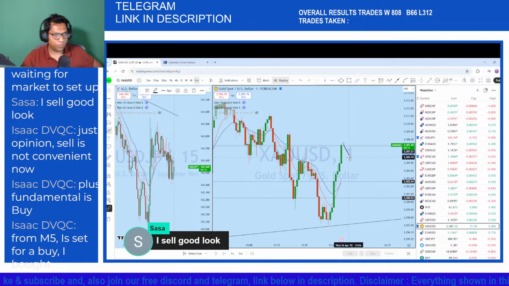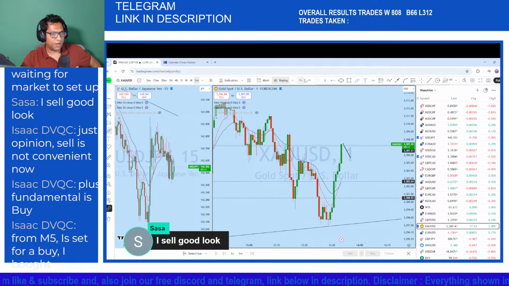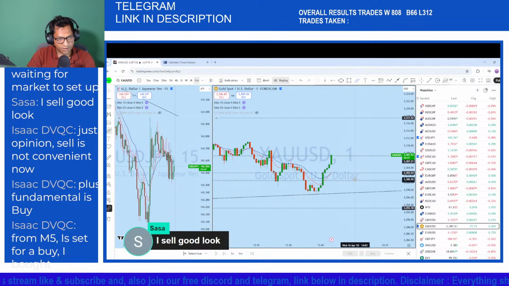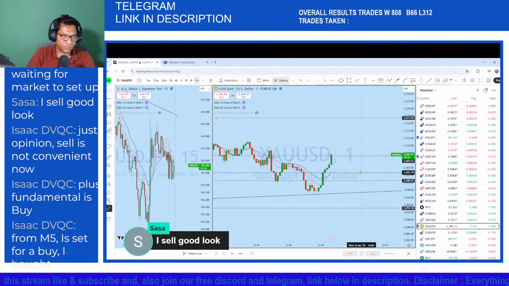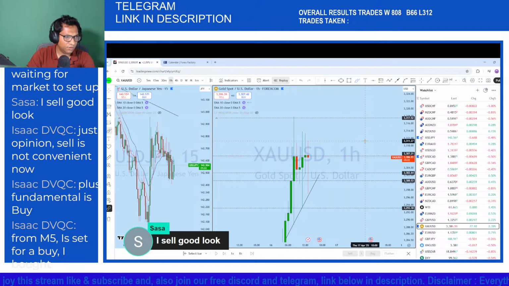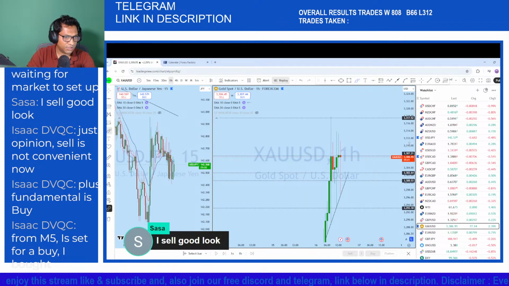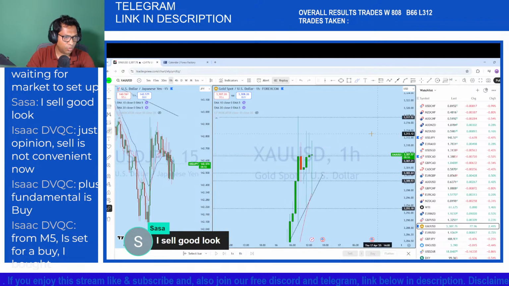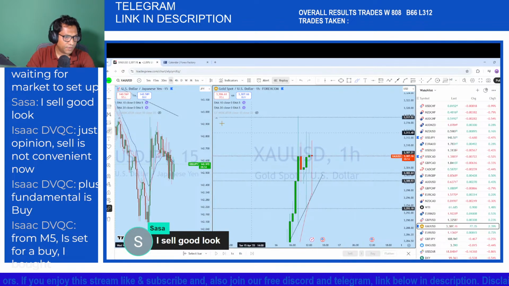We'll be looking for a pullback and then potentially for the market to trend back again. It has just got a bounce from this level to the 1 hour resistance. As this market is sideways, we will be waiting to see where it is heading.